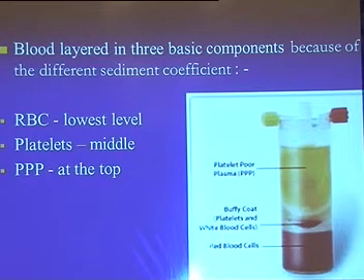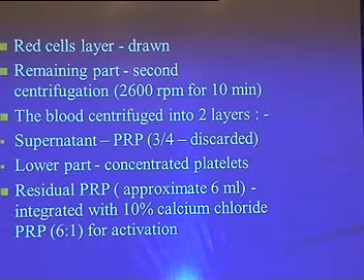After centrifugation, blood lies in 3 basic components because of different sedimentation coefficients: RBCs at the lowest level, platelets in the middle, and platelet-poor plasma at the top. The red cell layer is discarded. The remaining part goes for a second centrifugation for 10 minutes at 2600 RPM.